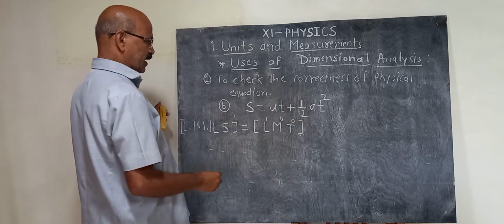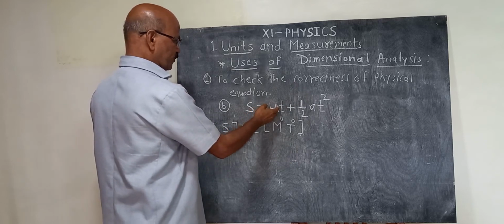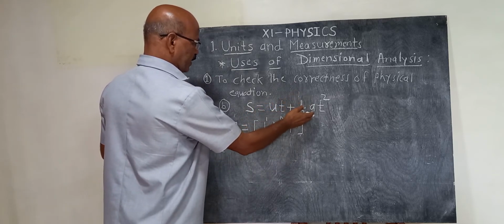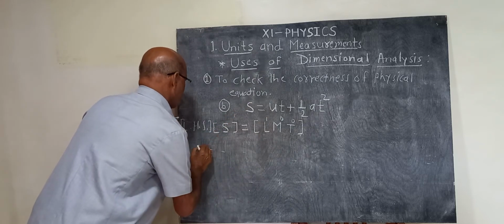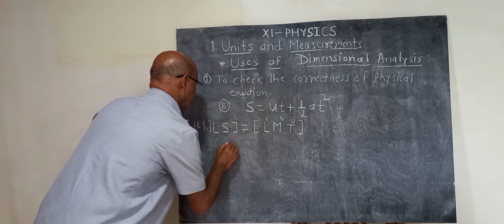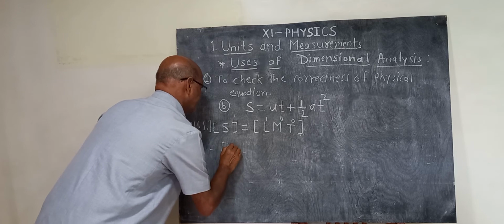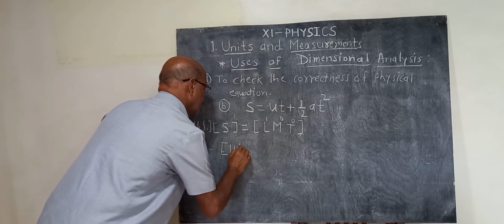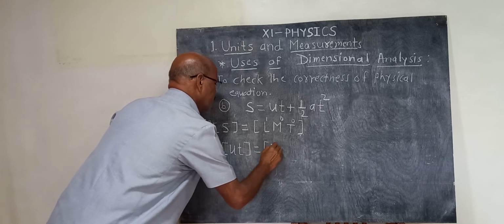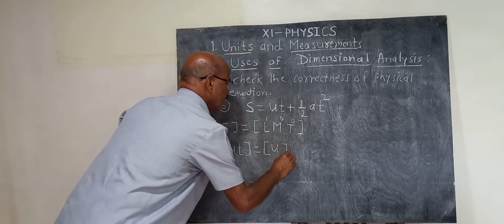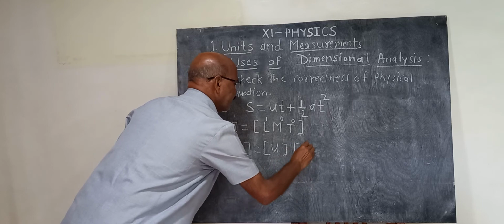Then on the right hand side the terms are ut plus half at square. First we write the dimensions of ut. This can be written like this: [u] into [t].